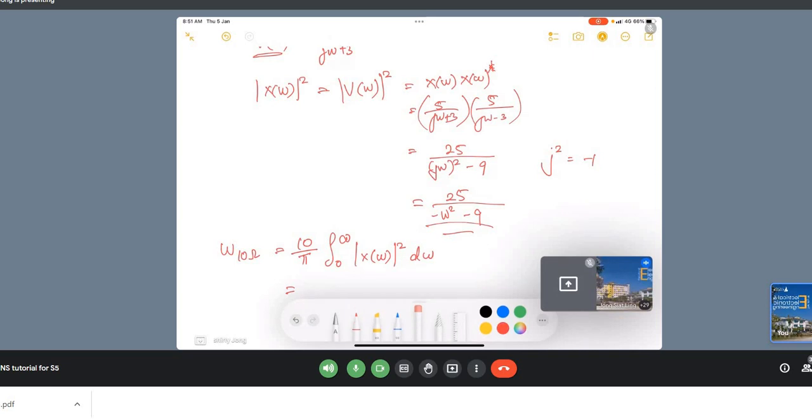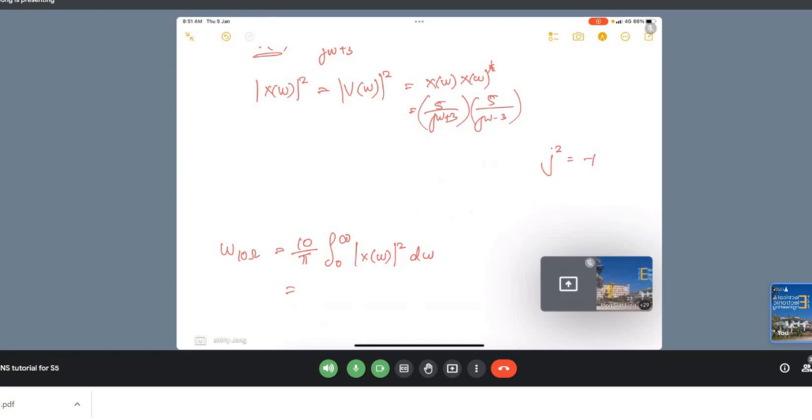Let me rewrite again. This one is 5, right? 5 over 3 minus j omega, times 5 over 3 plus j omega, because of the conjugate.